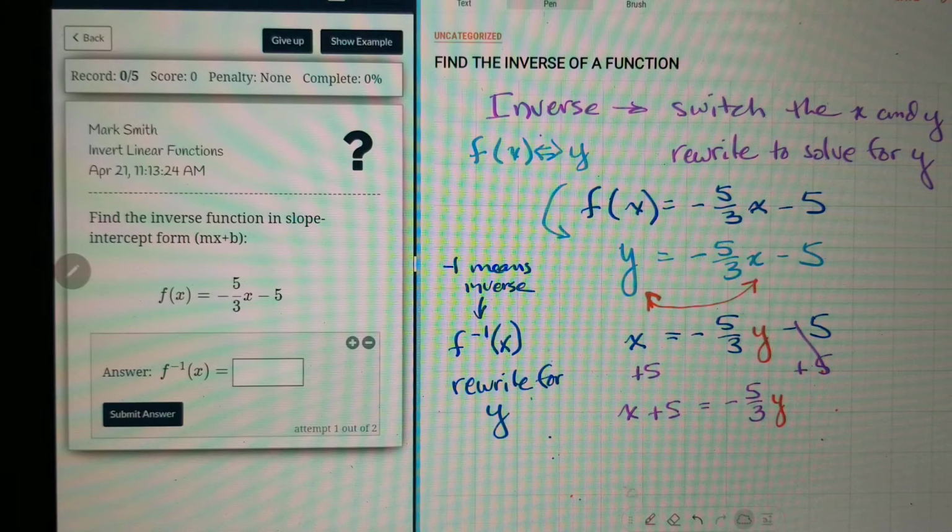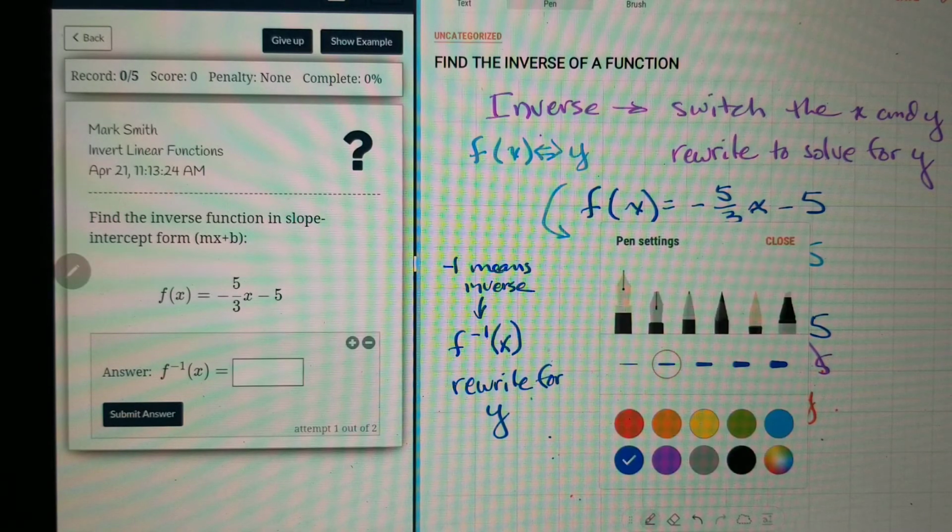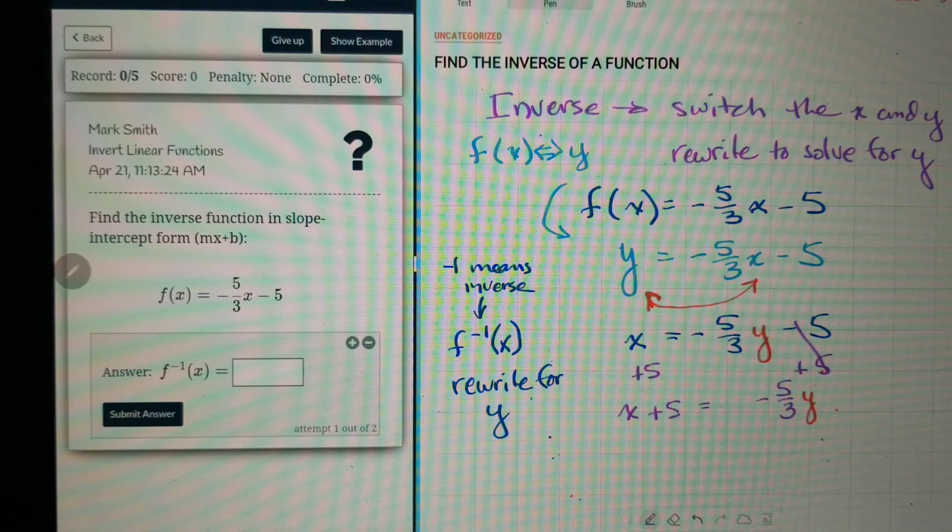Well, first off, let me make a little more room here. I'm going to move this over to show you what I'm doing. We need to multiply this times the inverse. The inverse of that is going to be a negative 3/5. Notice that when we cross multiply here, those cancel out.